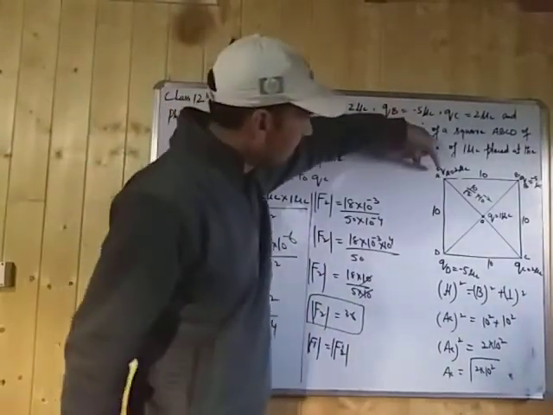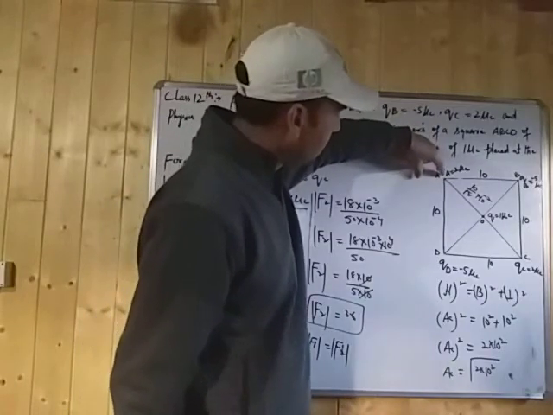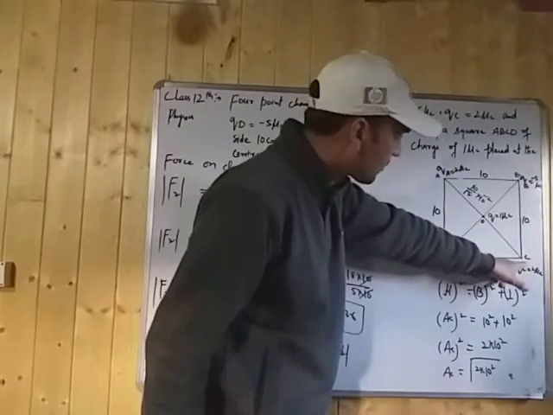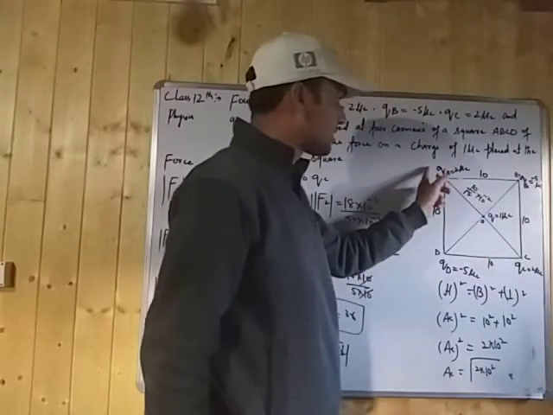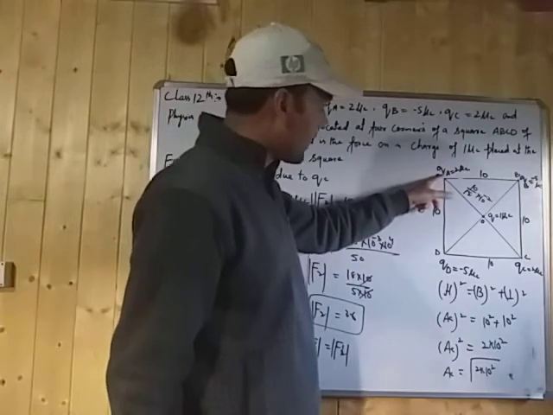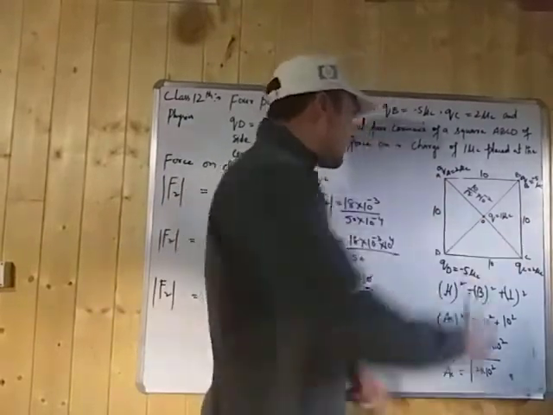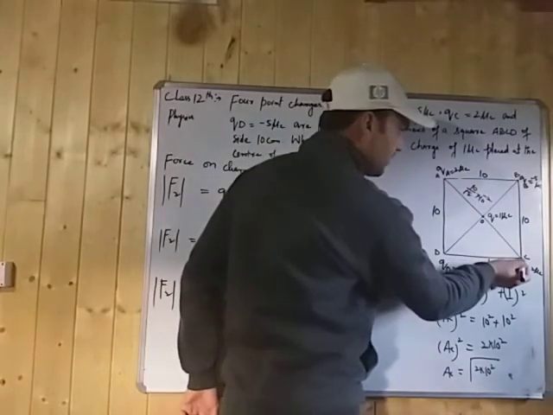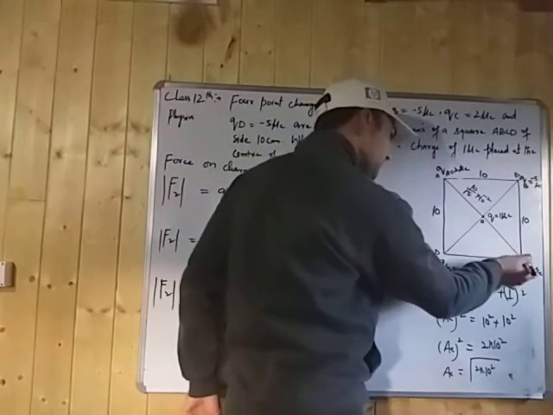The direction of force is from Q2 towards Q. So the direction of force will be from QA to Q, in this direction. And here the direction of force will be from QC to Q, in this direction.